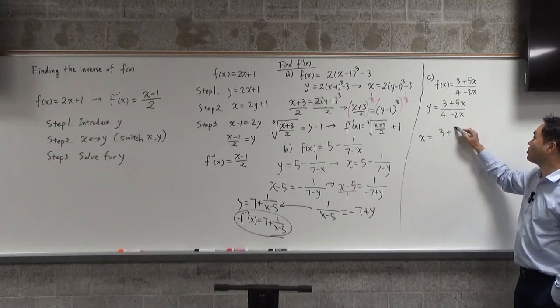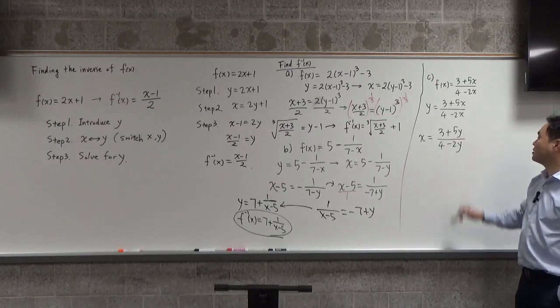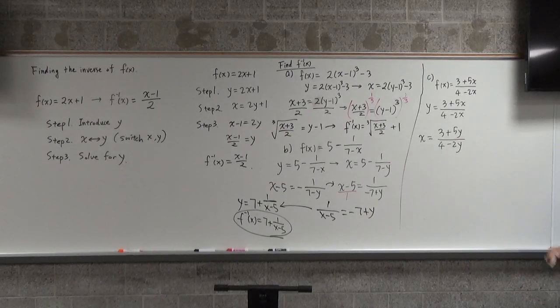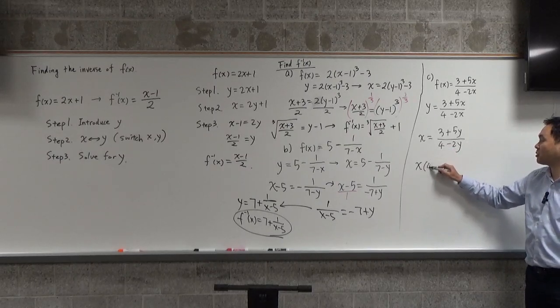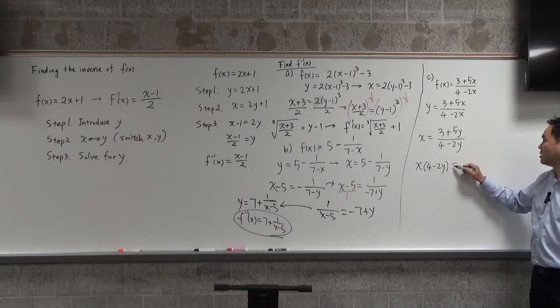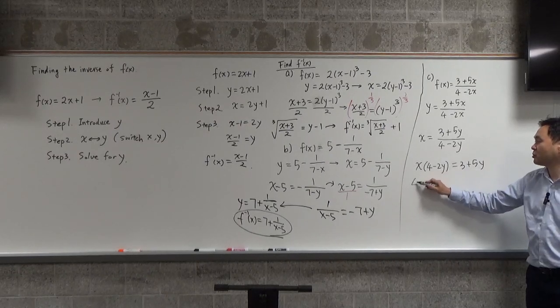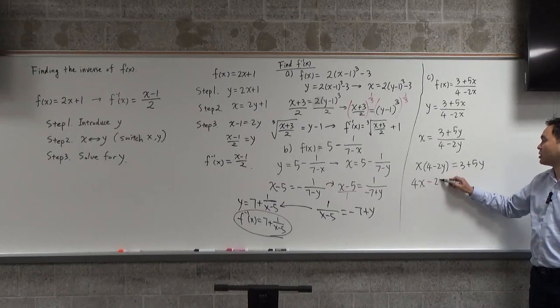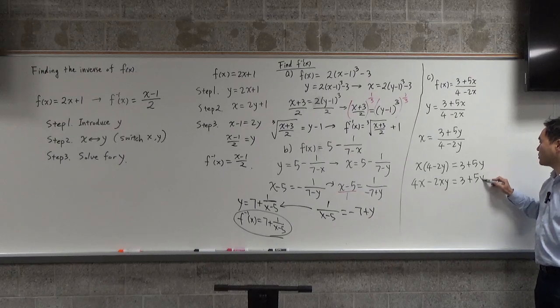In place of x, you put y. And then you multiply 4 minus 2y on both sides. x times 4 minus 2y equals 3 plus 5y. That gives you 4x minus 2xy equals 3 plus 5y.